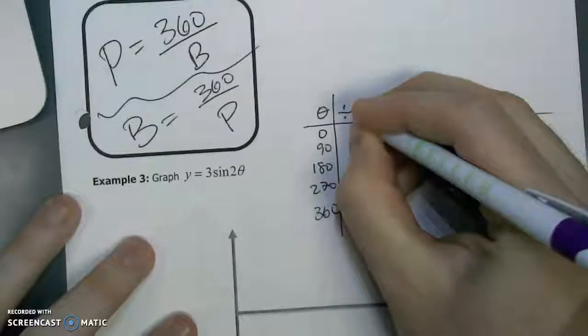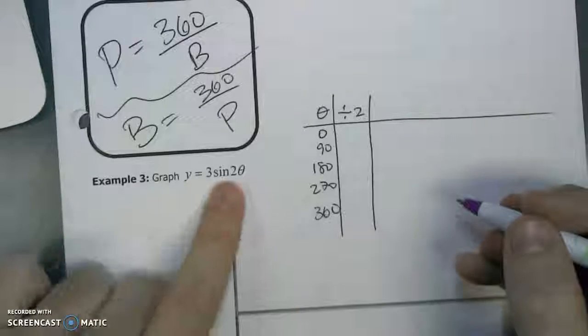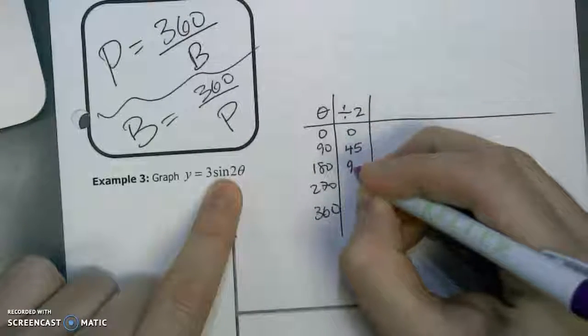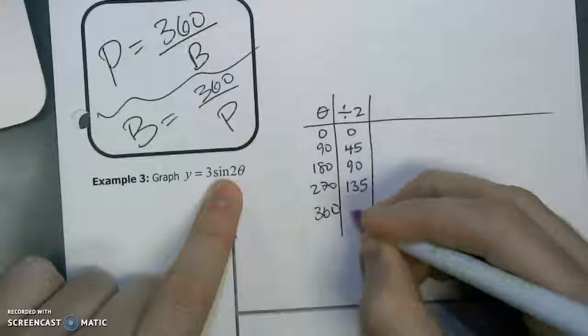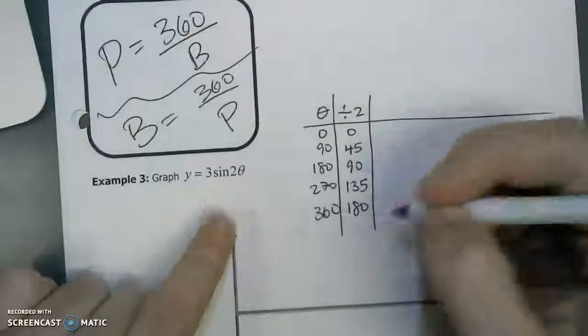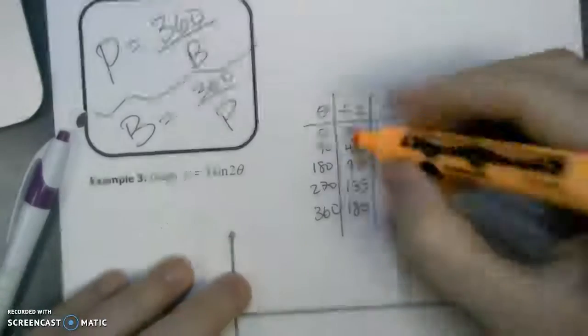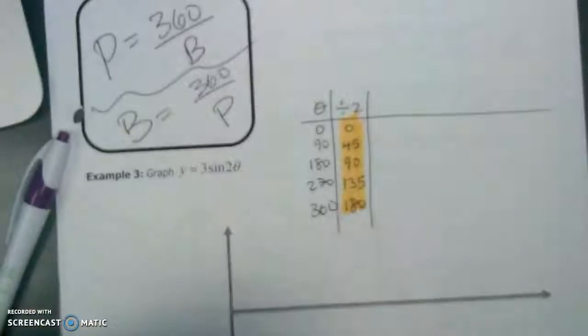We're going to divide by 2. So this is making our period shorter. I'm dividing everything by 2. So that's my new x values, which is your period, 180 degrees.